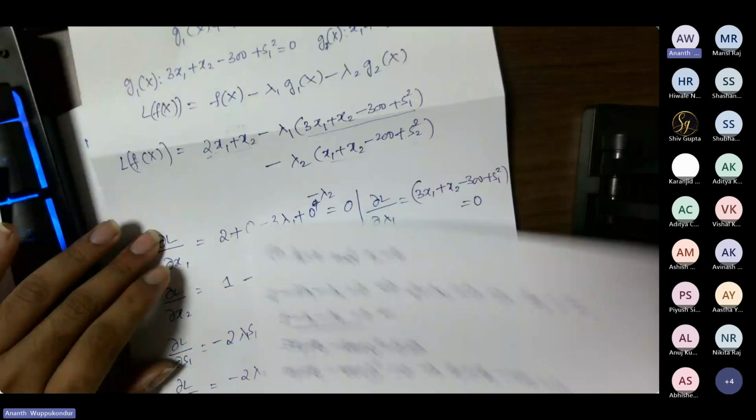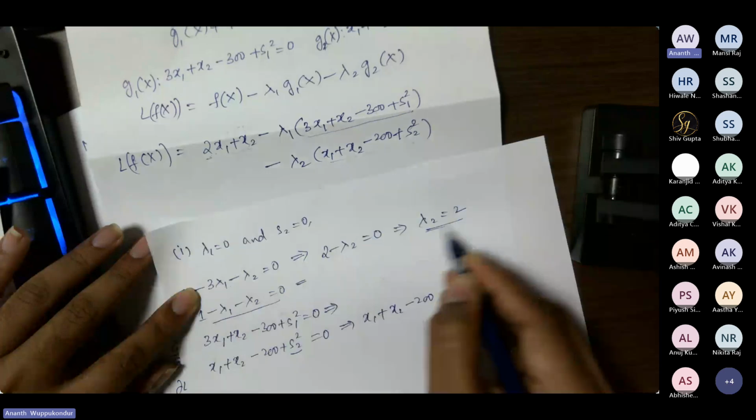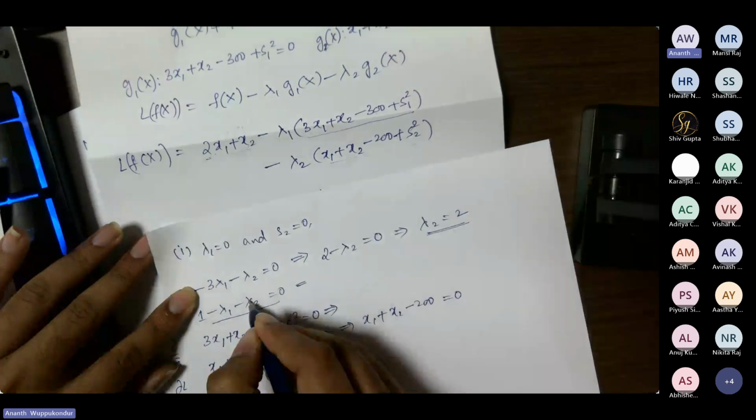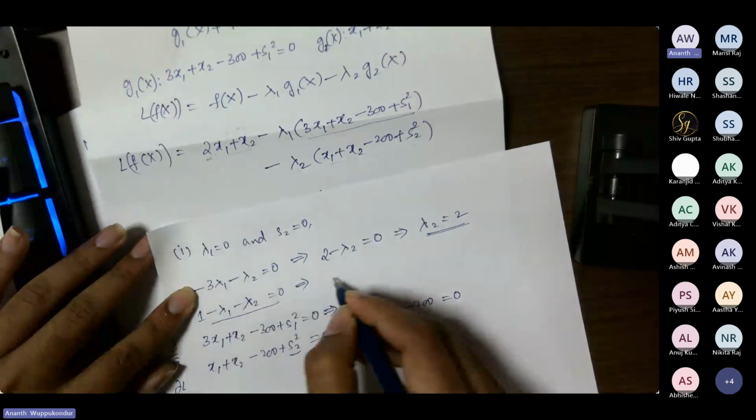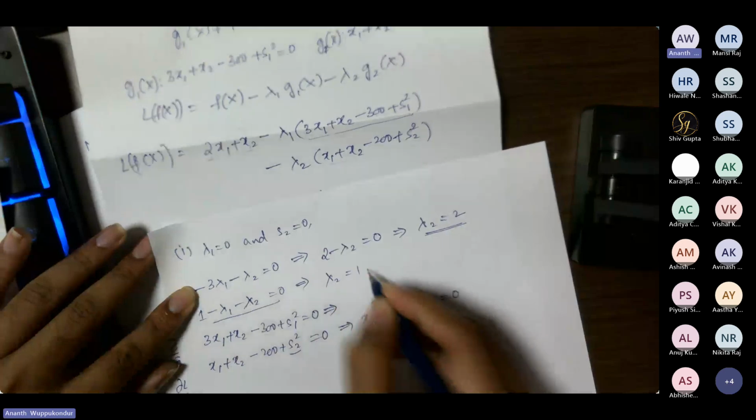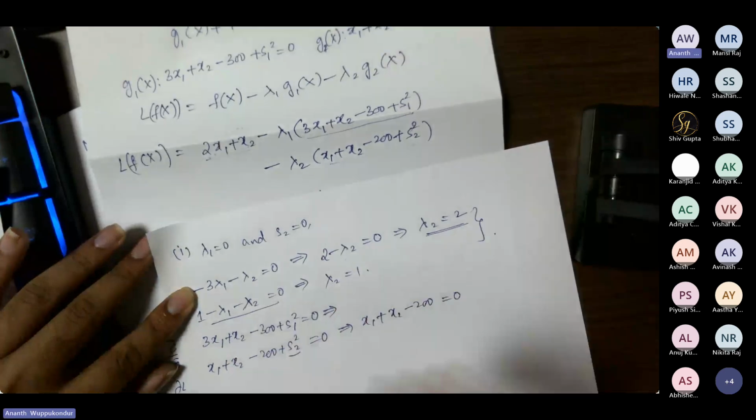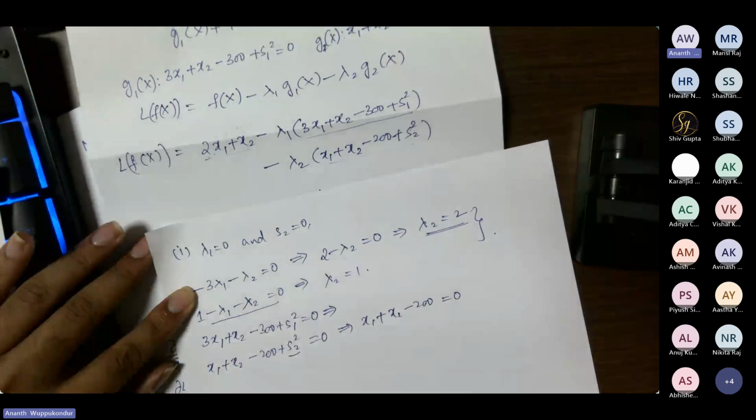So here if lambda 2 equals 2, and again in this scenario we are getting lambda 2 equals 1, this seems to be an infeasible solution because lambda 2 cannot have two values. It has to be only one value.